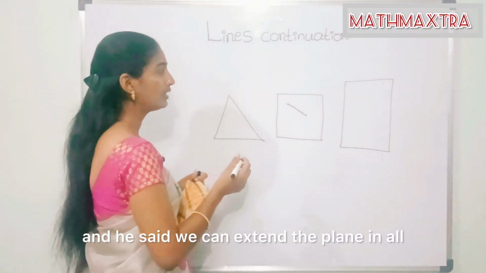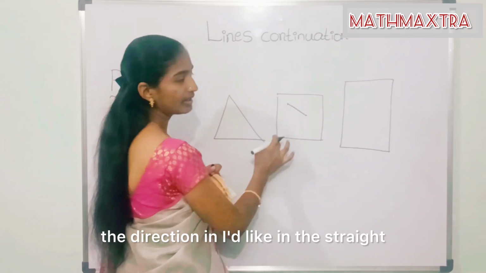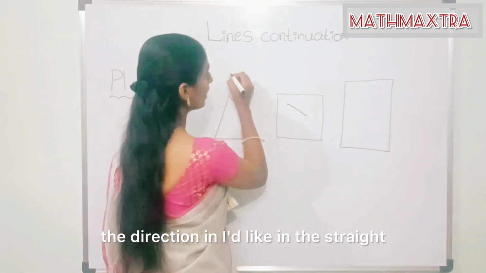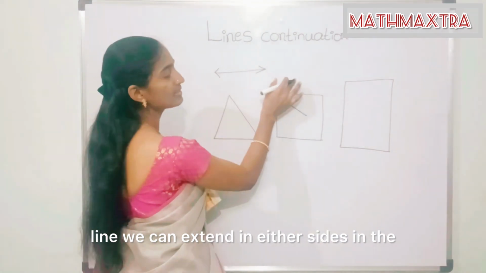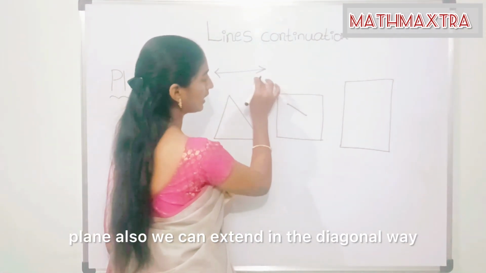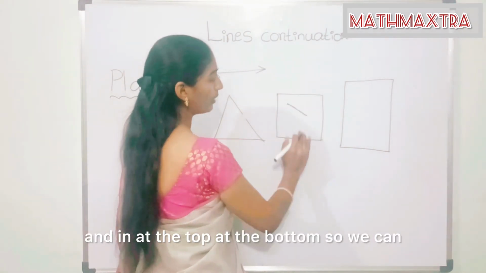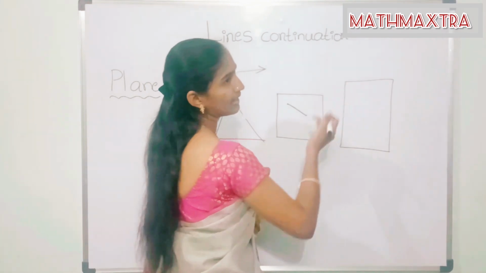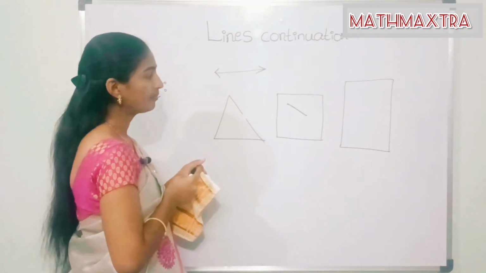And he said we can extend the plane in all directions. As in a straight line, we can extend on either side. In the plane also, we can extend in the diagonal way, in the side view, at the top, at the bottom. So we can extend the plane in all the directions.